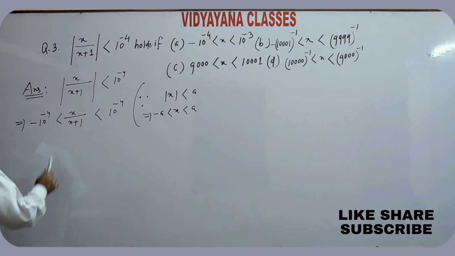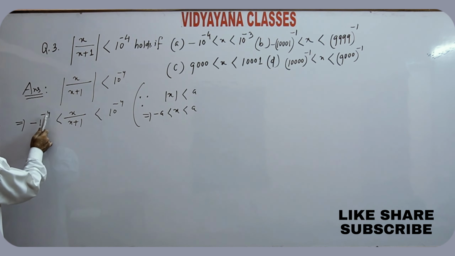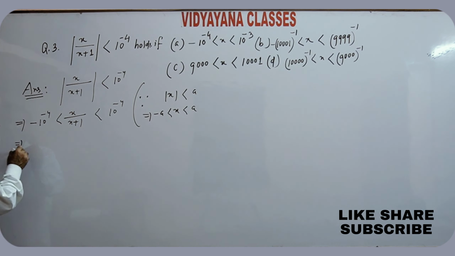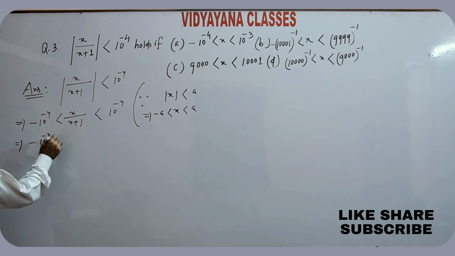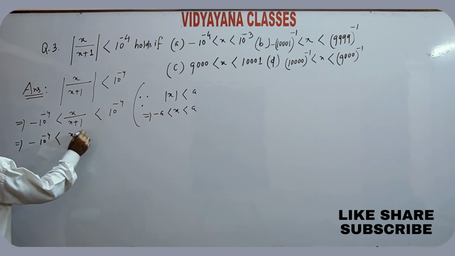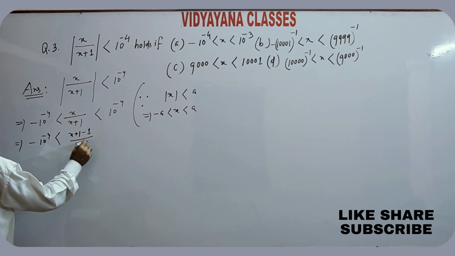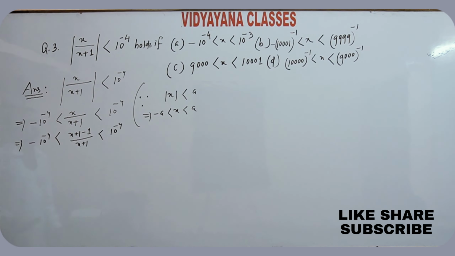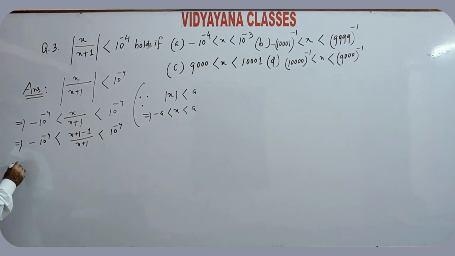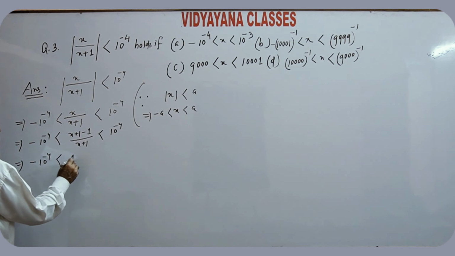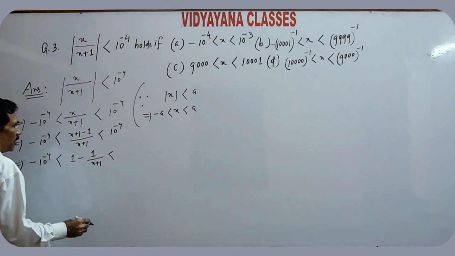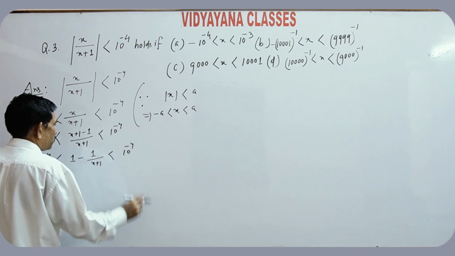So x divided by x plus 1 is greater than minus 10 to the power minus 4 and less than 10 to the power minus 4, which implies minus 10 to the power minus 4 is less than (x plus 1 minus 1) divided by x plus 1, less than 10 to the power minus 4. Which implies minus 10 to the power minus 4 is less than 1 minus 1 divided by x plus 1, less than 10 to the power minus 4.